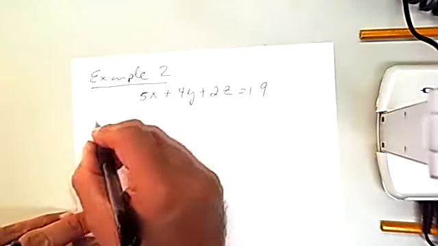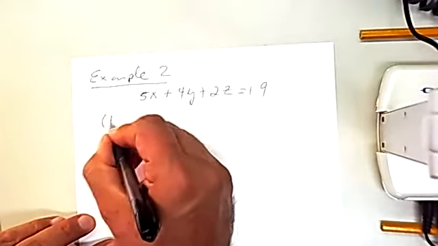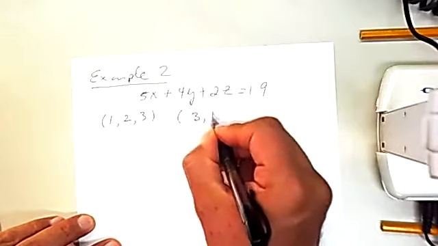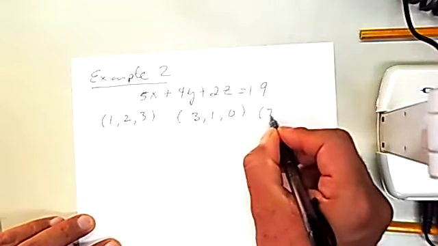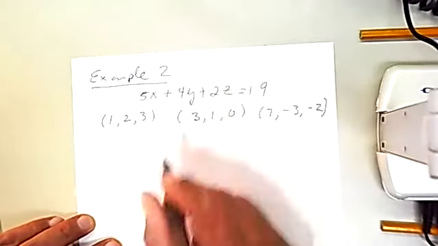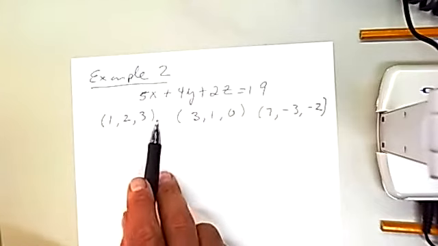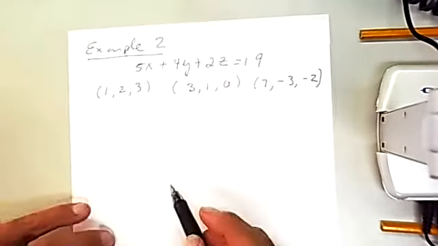And this plane contains the points 1, 2, 3; 3, 1, 0; and 7, negative 3, negative 2. We figured this out already. This was example number 1. The plane that contains these 3 points happens to be this one.